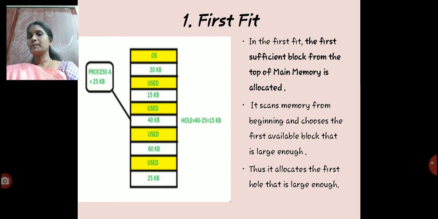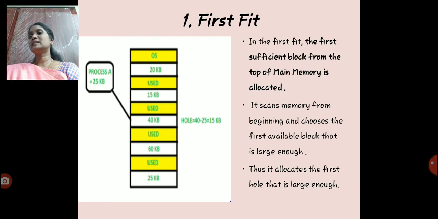In first fit, the memory is divided into many blocks, and as I said, the partitions will be of different sizes. The first sufficient block from the top of the main memory is allocated to the requesting process. The operating system just scans the memory from the beginning and chooses the first available block which is large enough to accommodate that particular job.